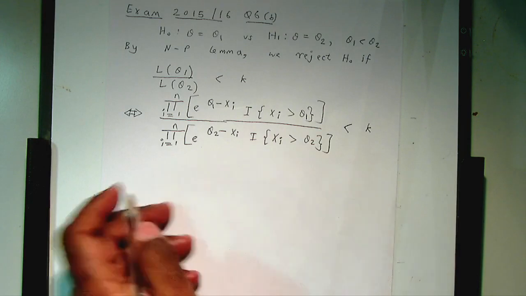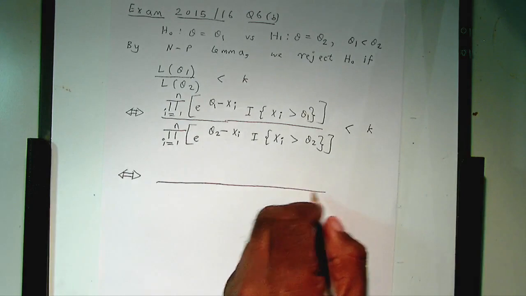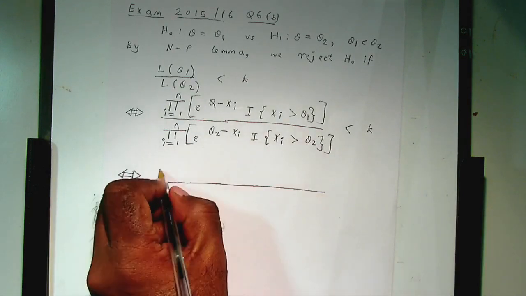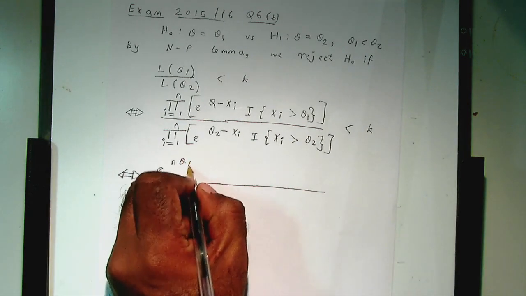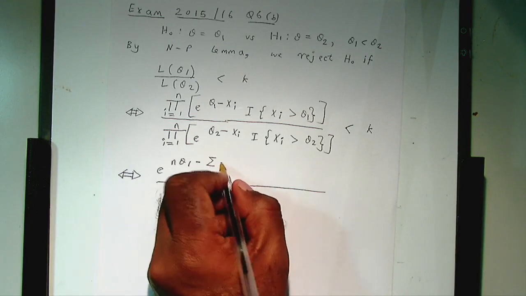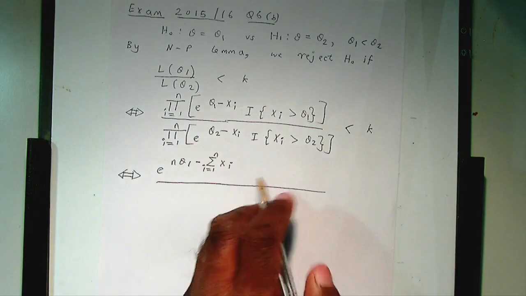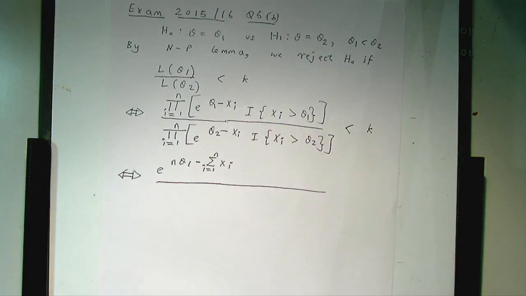Simplify this and take the product, you get E of n theta 1 minus the sum of xi, i from 1 to n. Now the product of the indicator functions you must know, because that's one of the formulas in the formula sheet.